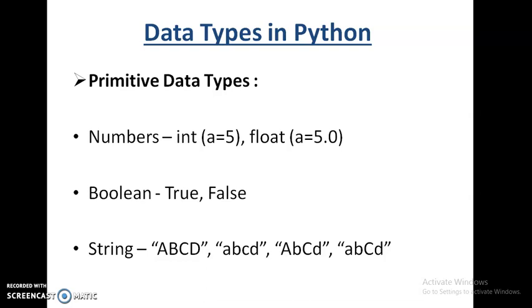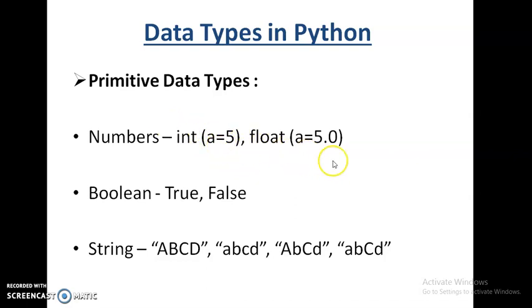Hence, we have seen that Python is a dynamic language, and it is one of the important and unique characteristics of Python. So, int and float, we do not have to write before a. It will automatically understand whether the type of data assigned to the given variable is integer or float.